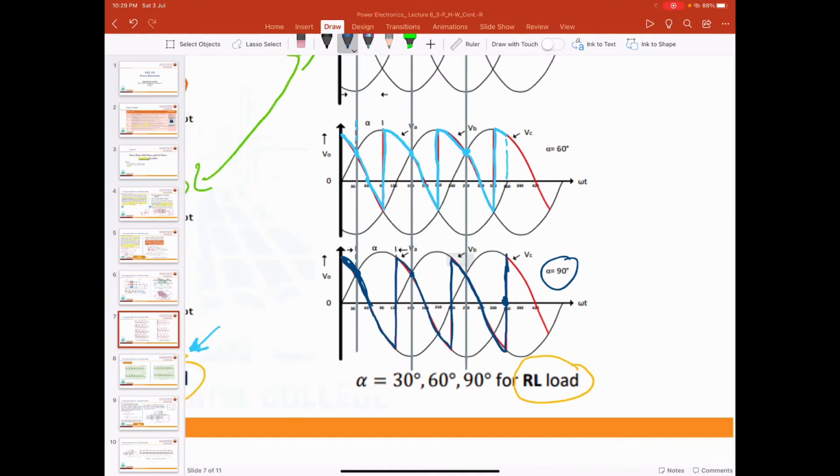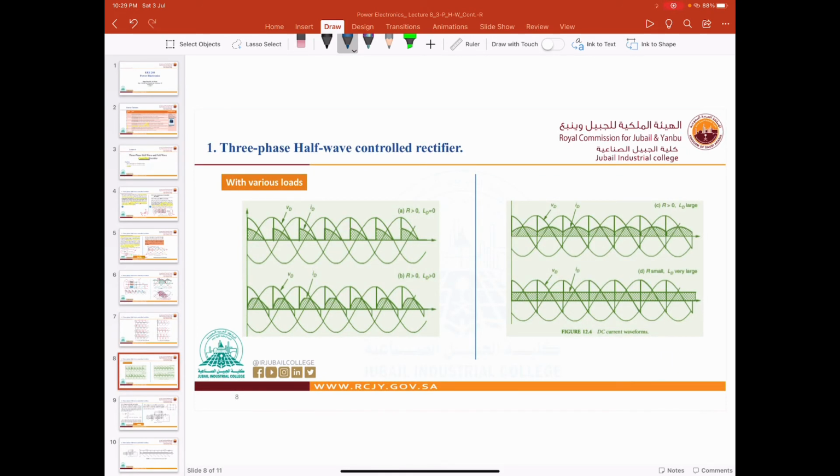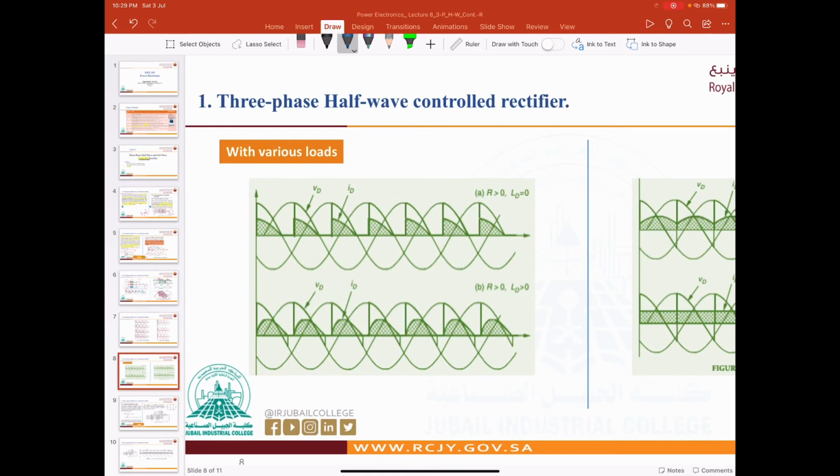Now let us see what the slides tell us about alpha. Now here with various loads, if we have here يا شباب on the left side, if we have R bigger than 0, right? And LD, the inductive load, is 0.